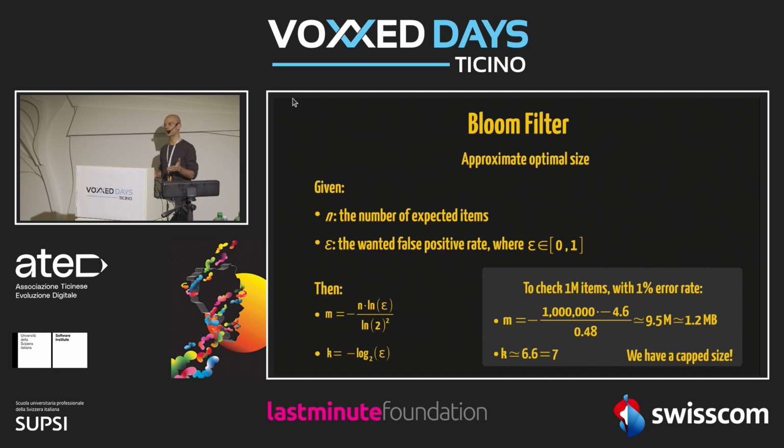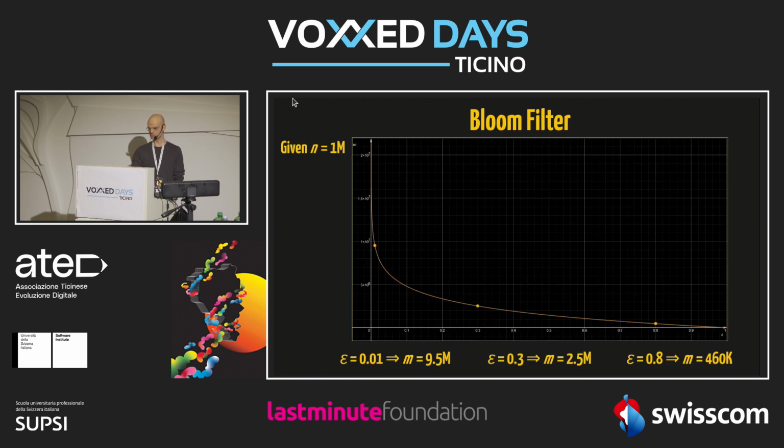This is unlike, for example, using a set. If we're just using a set and checking if an item belongs to it, this of course is linearly related to the size of the object that you are allocating. In this case, since we are using functions to transform that into numbers and then into bits, of course we have a capped size.